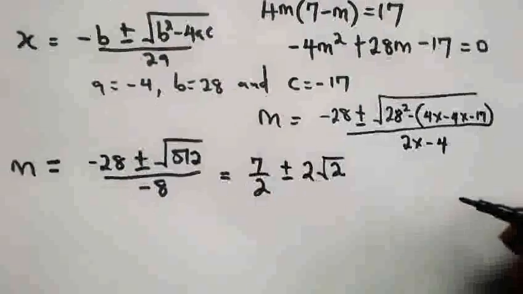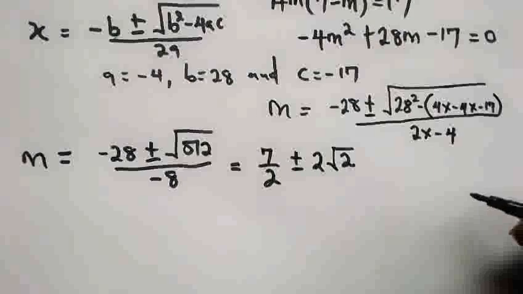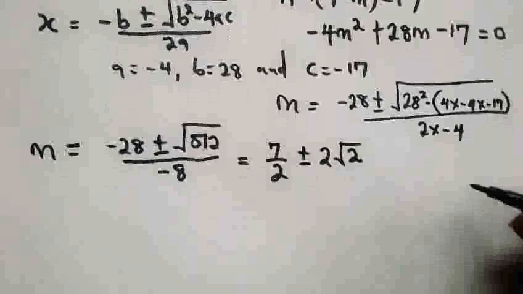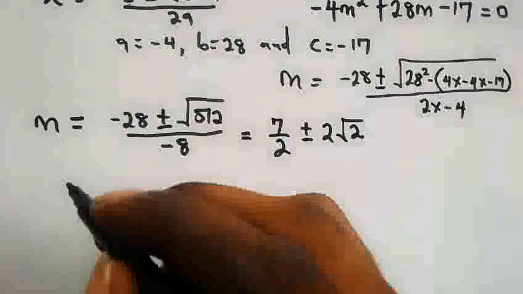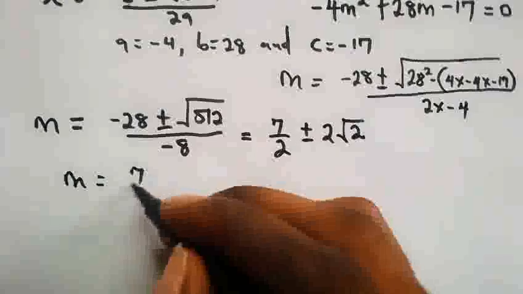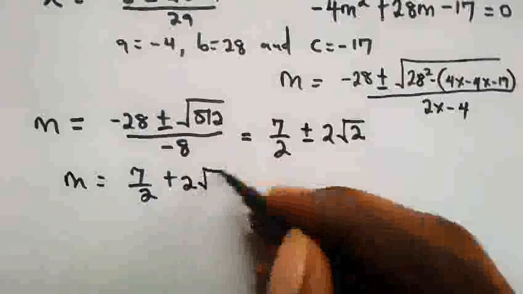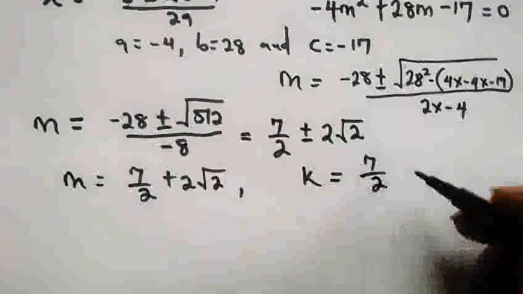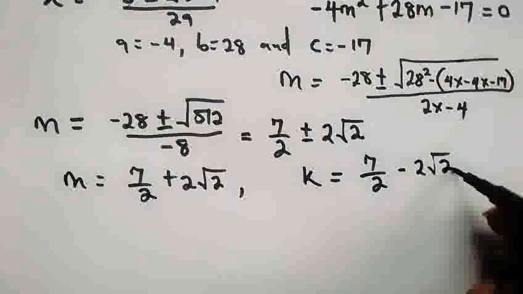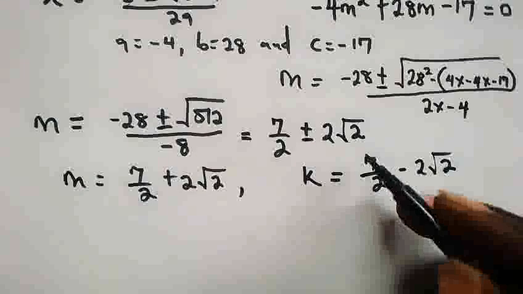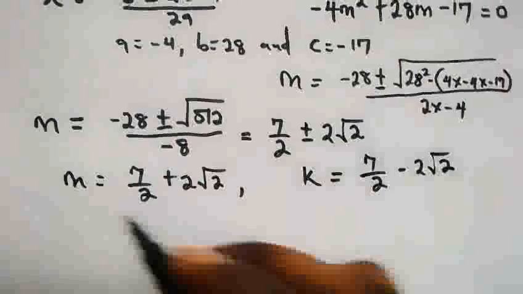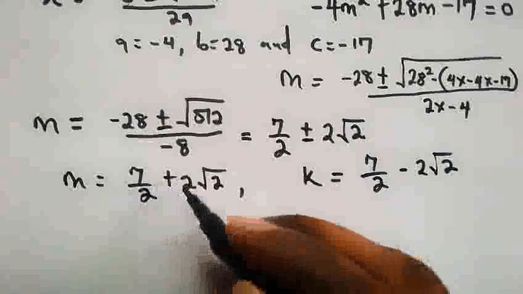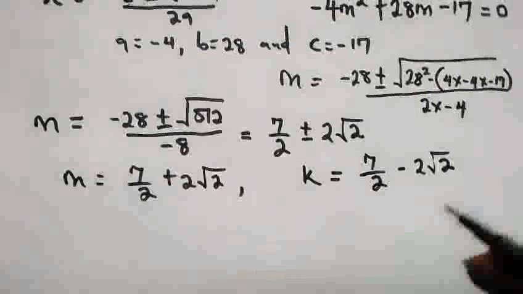Now we should know that the value of k here should be the conjugate form of m. So what does this imply? That if m is equal to 7 over 2 plus 2 square root of 2, then k is equal to 7 over 2 minus 2 square root of 2. And if m is equal to 7 over 2 minus 2 square root of 2, k will be 7 over 2 plus 2 square root of 2. So they are just conjugate to each other.